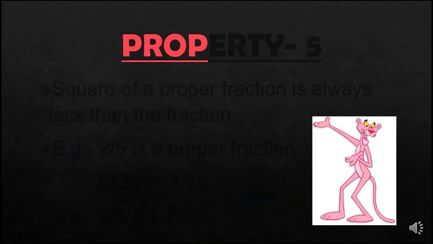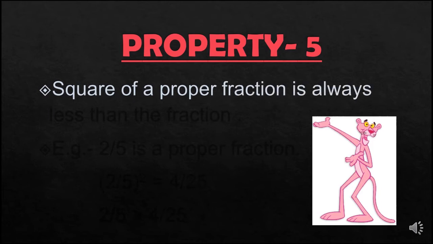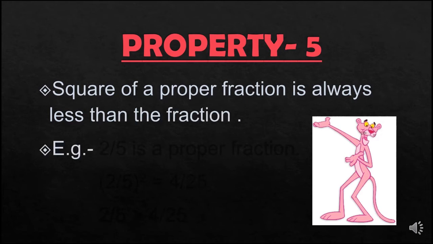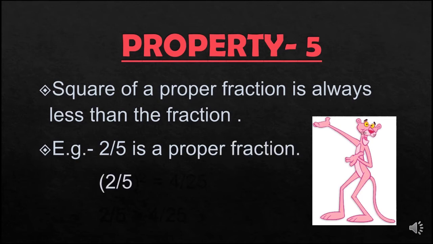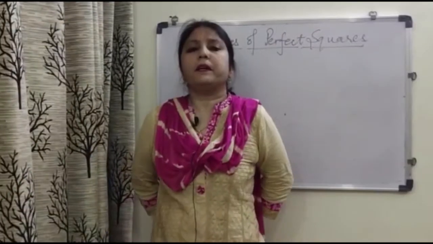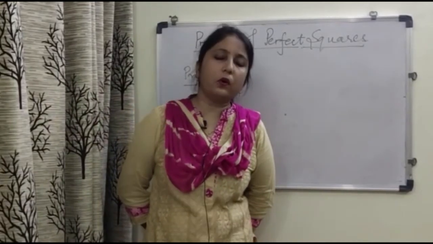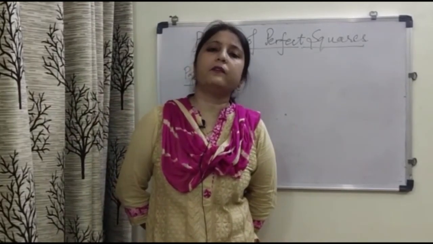Here comes property 5. The square of a proper fraction is always less than the fraction. For example, 2 by 5 is a proper fraction. The square of 2 by 5 is 4 over 25. 2 by 5 is greater than 4 by 25. In the property, children, we have seen that the square of a proper fraction is always less than the fraction.